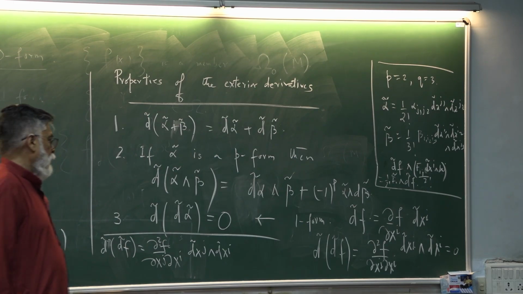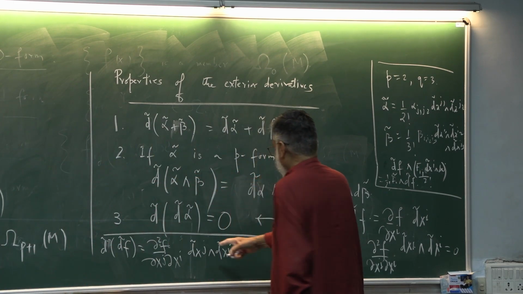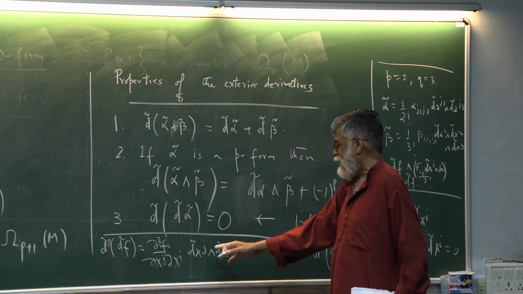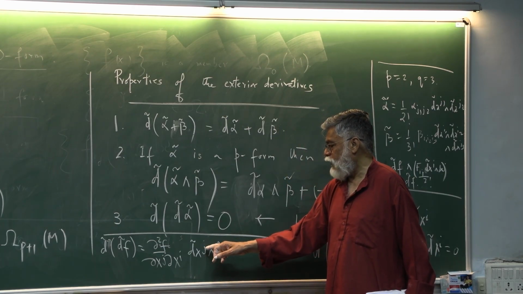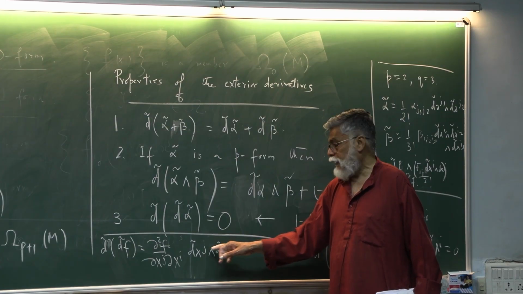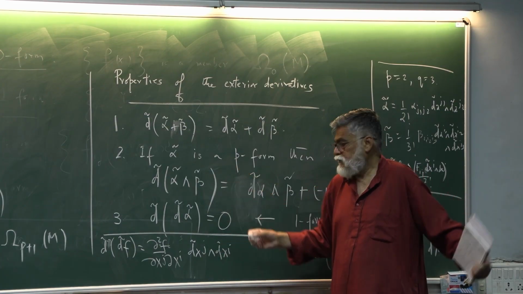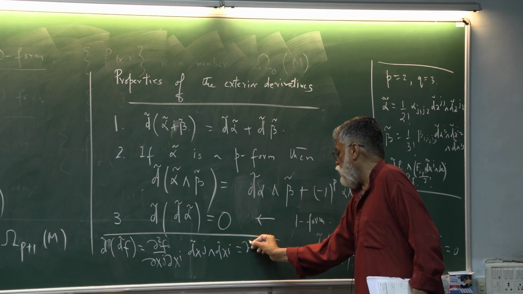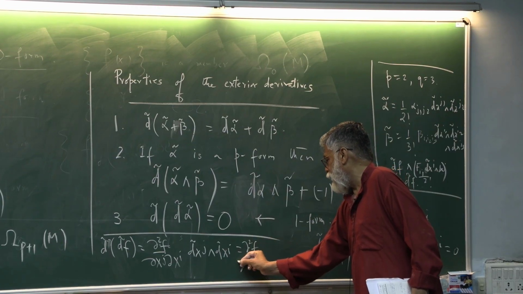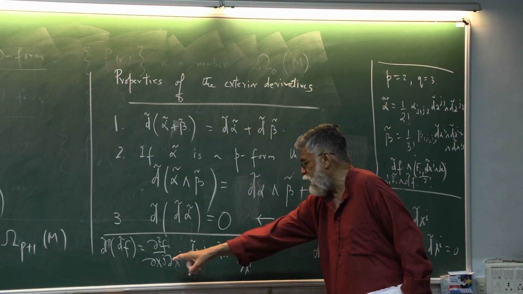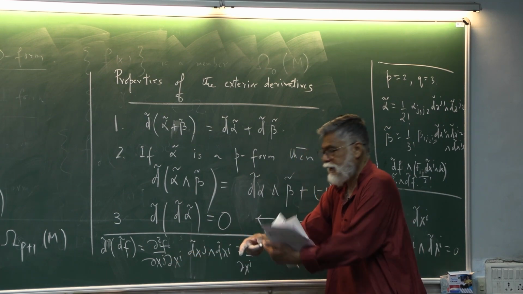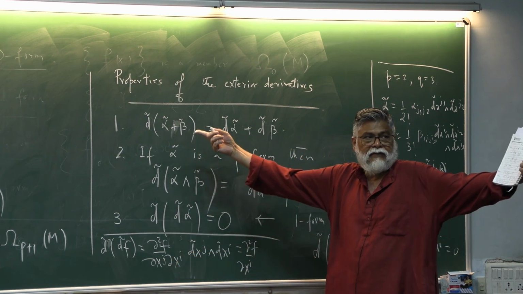Okay? But because they are being summed over, it doesn't matter, I can call j as i and i as j. So this is the same as del 2f by del xi del xj, where wherever there is j, I'll call it i, because they are dummy variables.